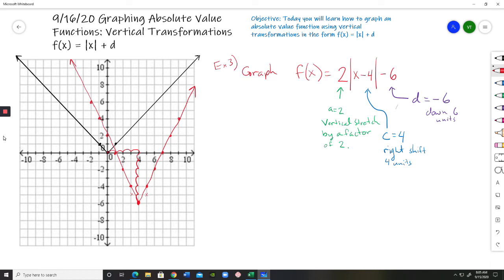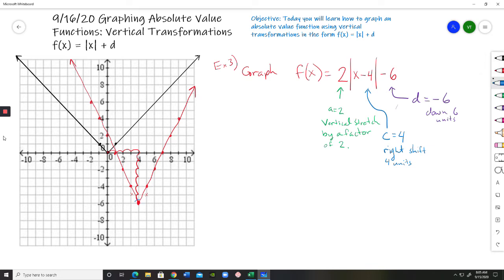I don't want to see any small v's. Let's make sure we're filling the entire graph. And this is the function for f of x equals 2 times the absolute value of x minus 4 minus 6. And just to make sure, let's go ahead and check 2 of the points.